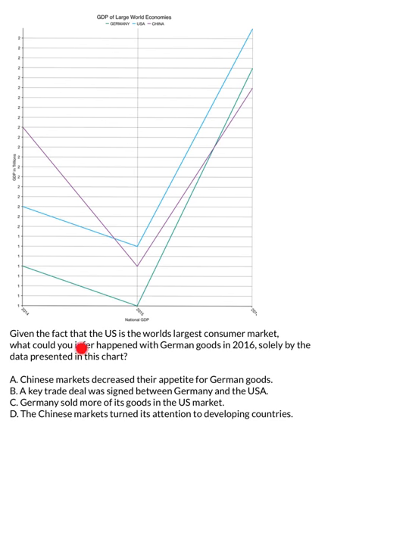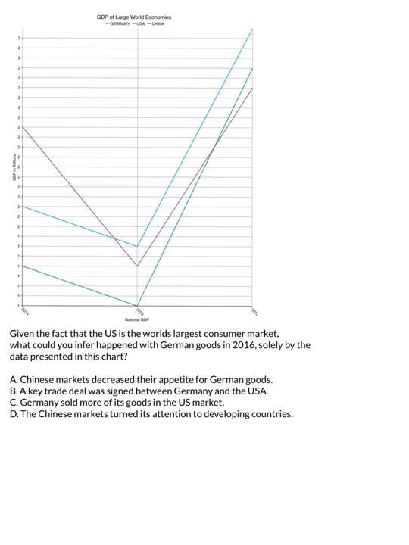So the question says, given the fact that the U.S. is the world's largest consumer market, what could you infer happened with German goods in 2016 solely by the data presented on this chart? So when you get that kind of question, you want to focus in on a couple things. Number one, you want to focus on the word solely, because they're telling you that you only can use this information to make your inference.